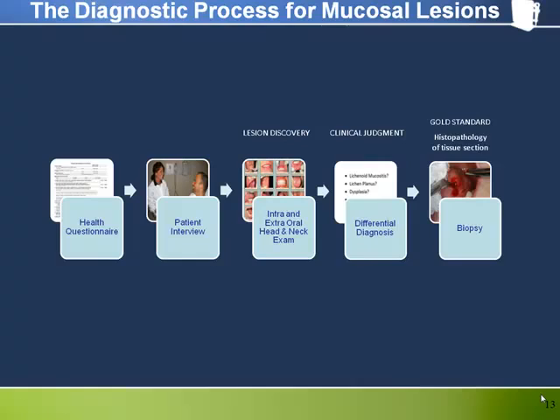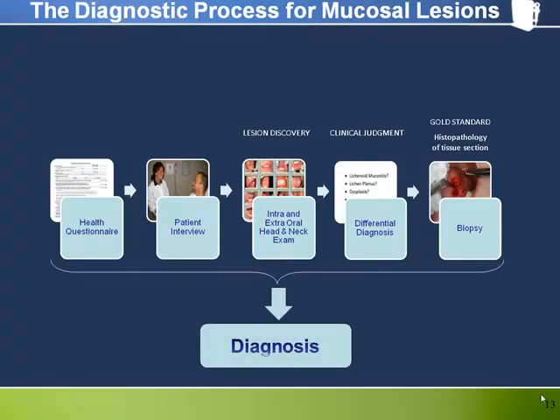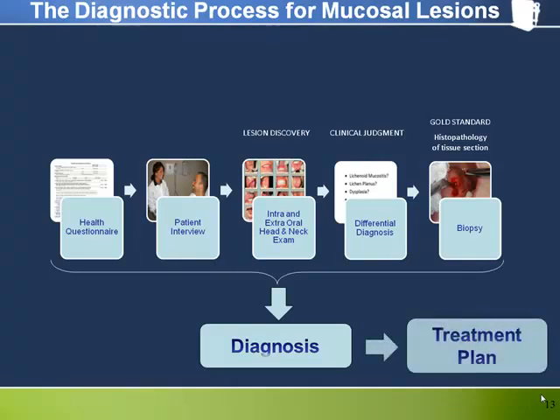Histopathological analysis of stained tissue sections from a biopsy remains the gold standard for diagnosis of lesions in the oral cavity. The histological diagnosis then needs to be viewed in the context of all the patient information acquired through any of the questionnaire, interview, or physical examination to formulate a treatment plan for the patient.